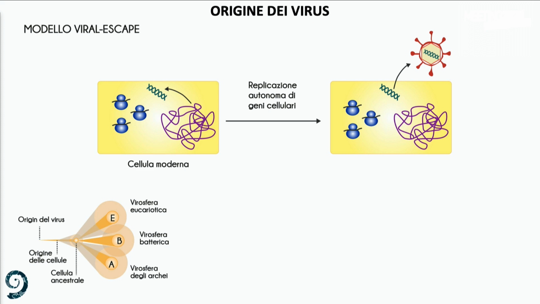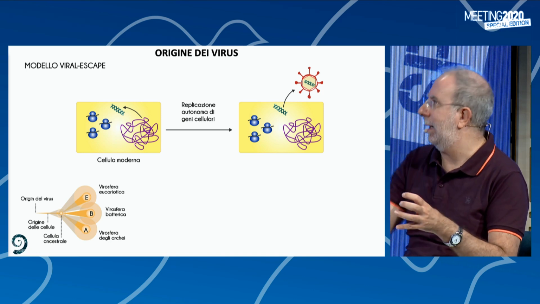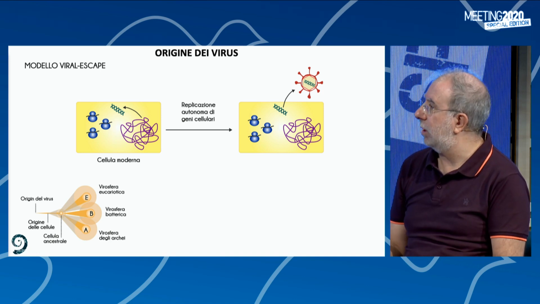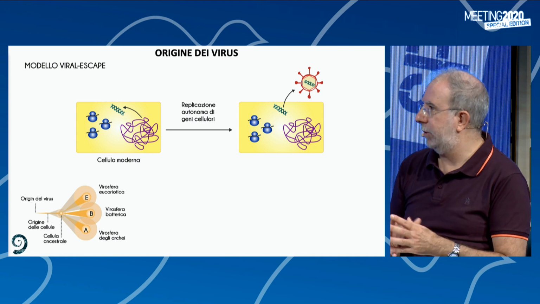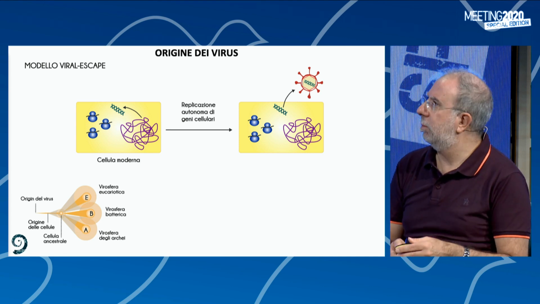The third model is that of the viral escape. We have a modern cell, and a portion of its genome RNA has acquired the skill to infect different cells, using them as organisms for biosynthesis.